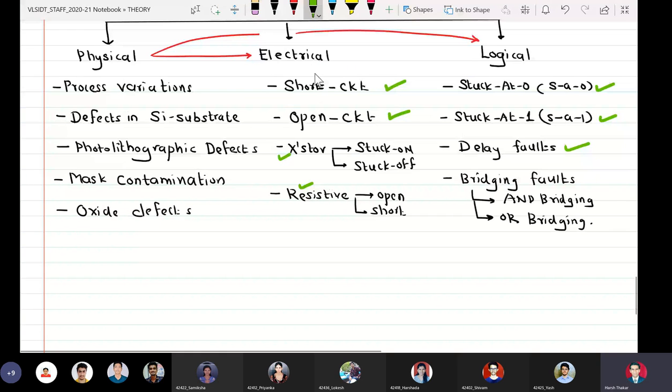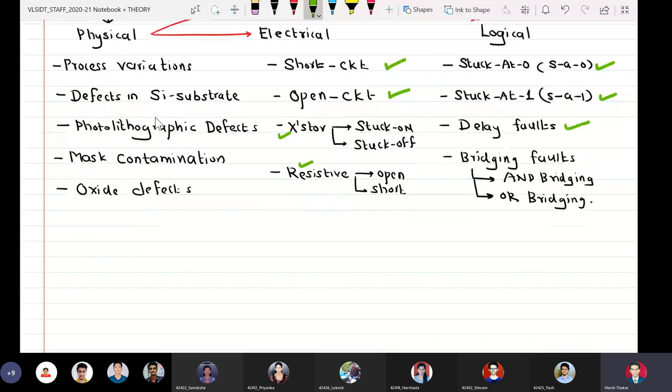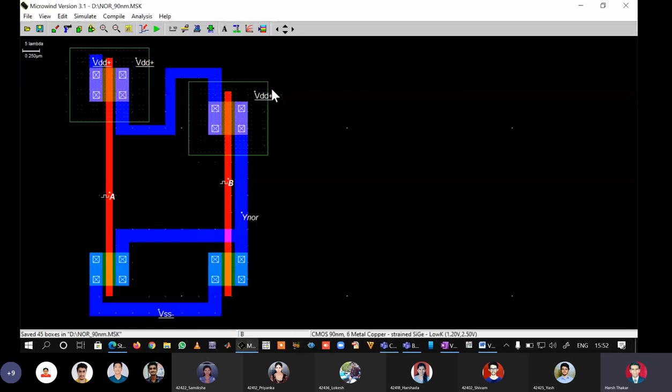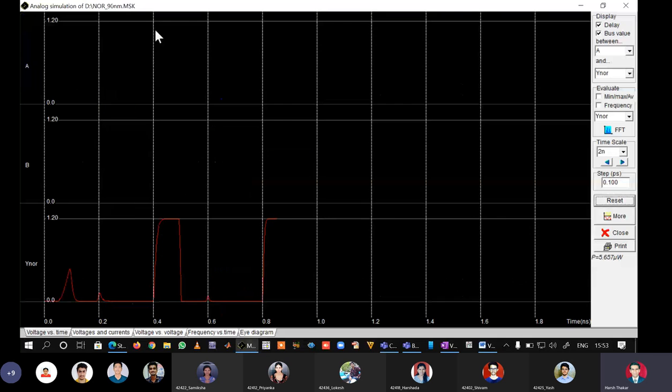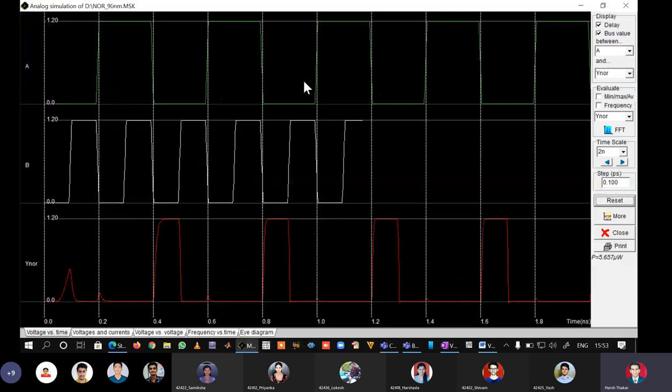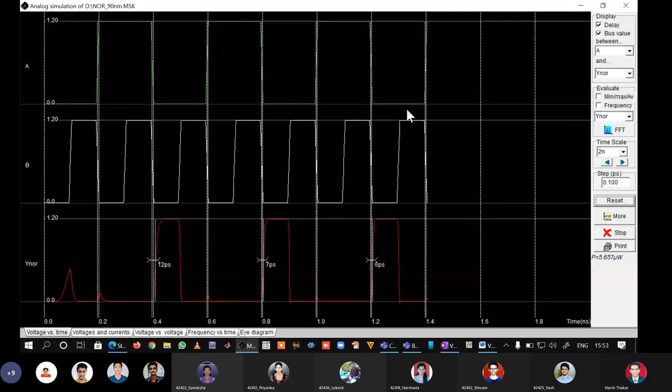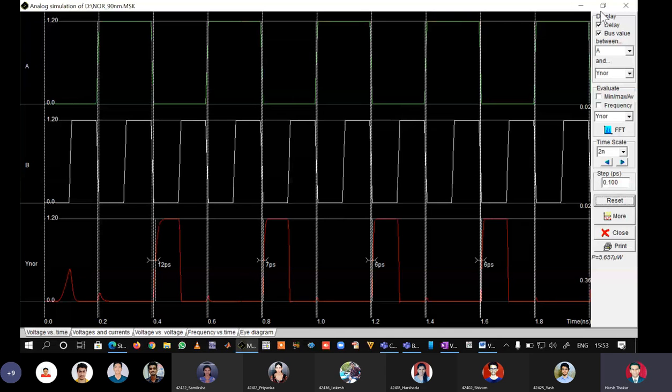Now a classic example of logical faults is the resistive short. So let us take an example. I hope that all of you are preparing for review. So you know that this is a NOR gate. When I simulate it, I get the output which justifies the truth table of a NOR gate.